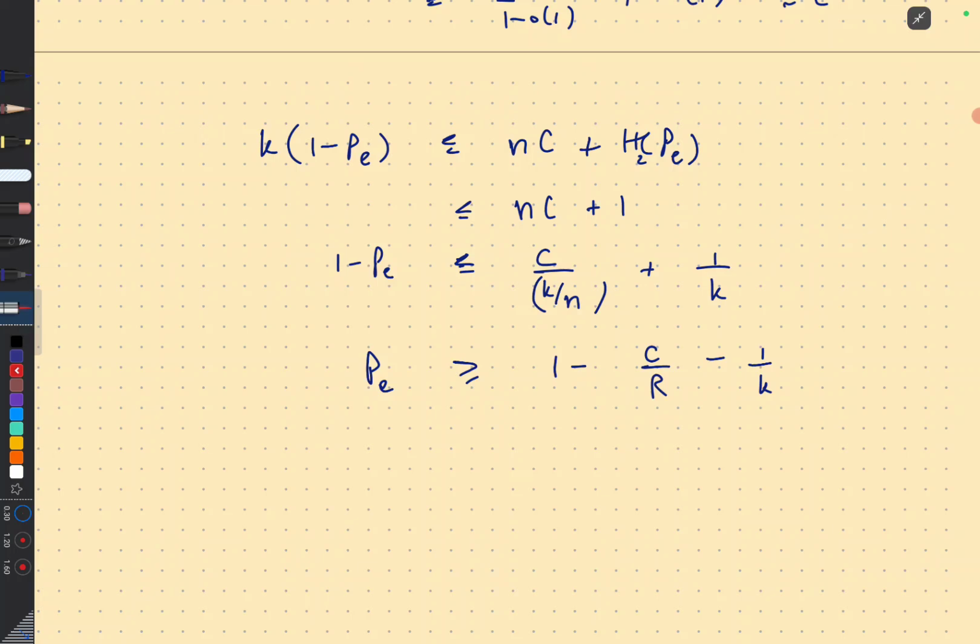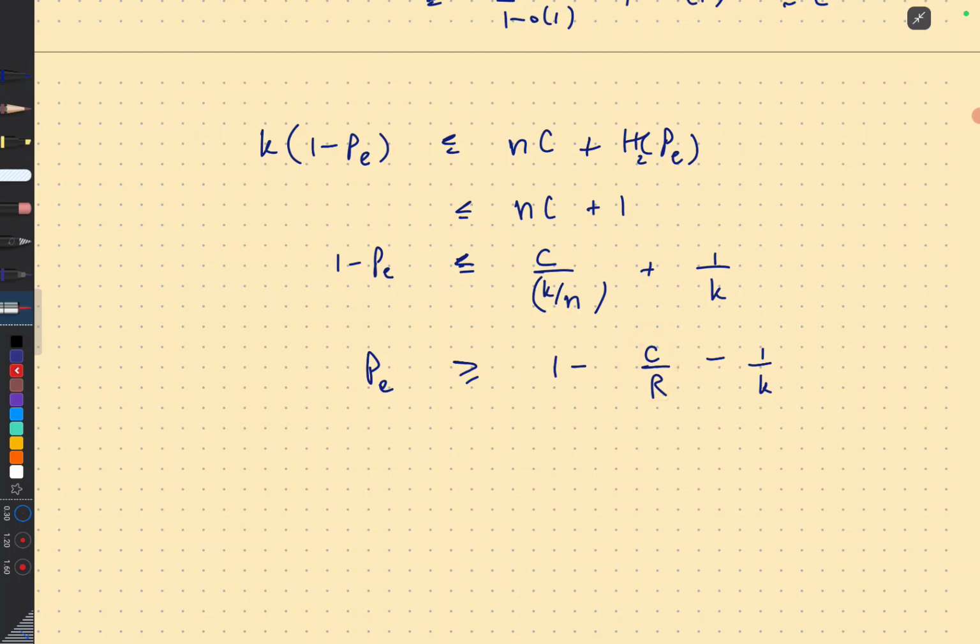And for large enough K, the whole right hand side would be something that is less than 0. So this statement isn't giving you anything useful. It's just saying that the probability of error is greater than or equal to a negative quantity for large enough K. Not useful.